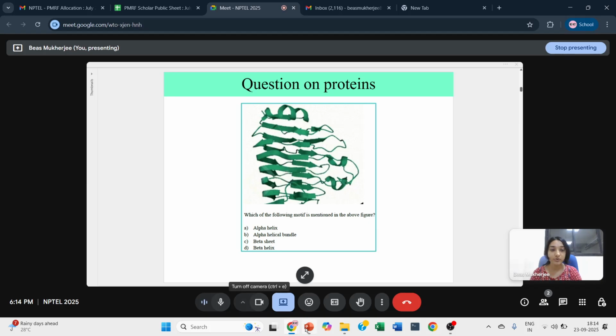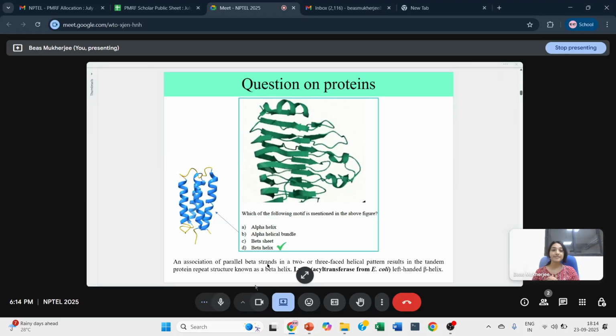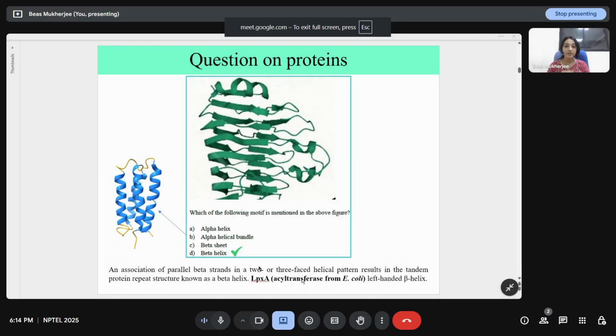Looking at the answer, this is actually a beta helix, which is formed by association of parallel beta strands in a 2 or 3 faced helical pattern, resulting in the tandem protein repeat structure known as beta helix. This particular protein, called acyltransferase LPXA, found in E. coli, has this kind of structure. It's a left-handed beta helix.